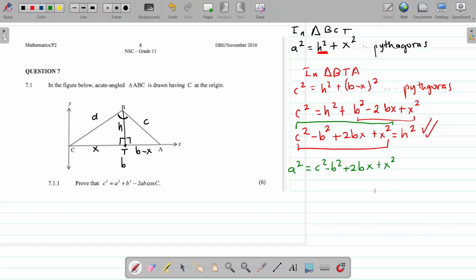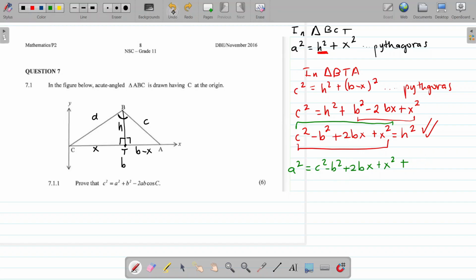And then also I'm going to have plus the x squared there. Okay, simplifying this, I have a squared, c squared minus b squared. A little error was made over there, I can see.